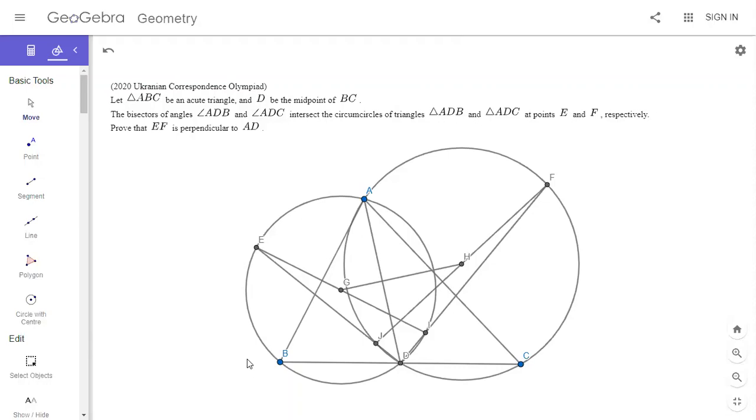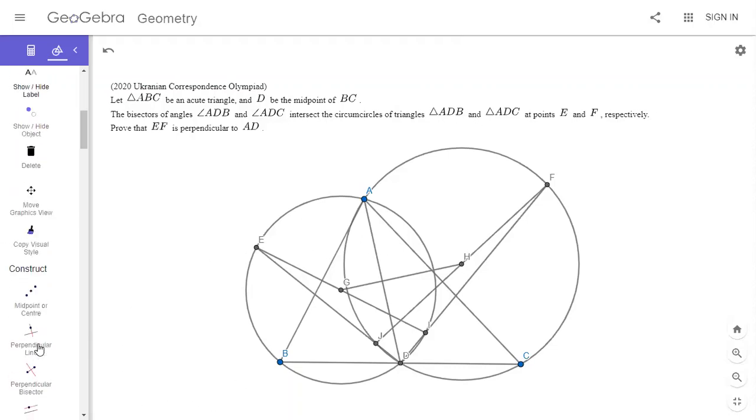Well, no, it would be D. We can draw perpendiculars from E to AD and then compute AX by AD times XD. And both of them are similar.